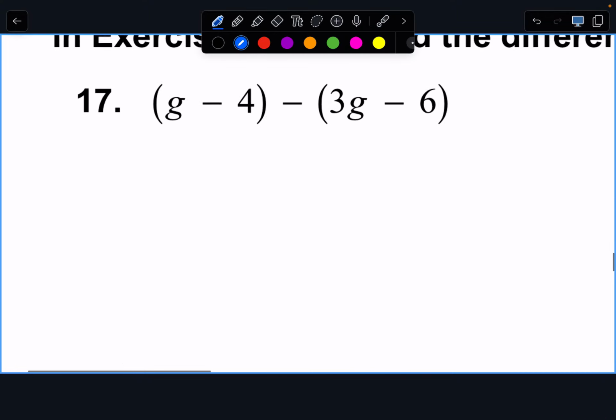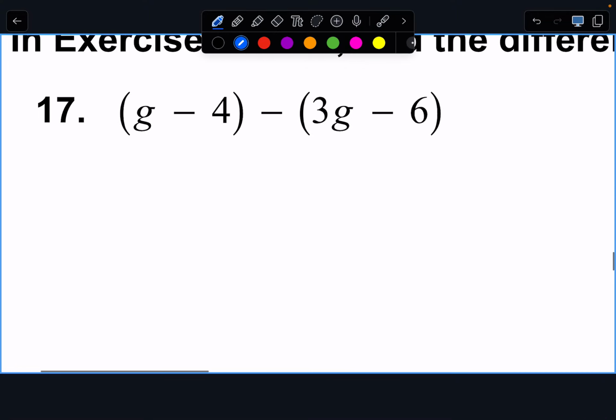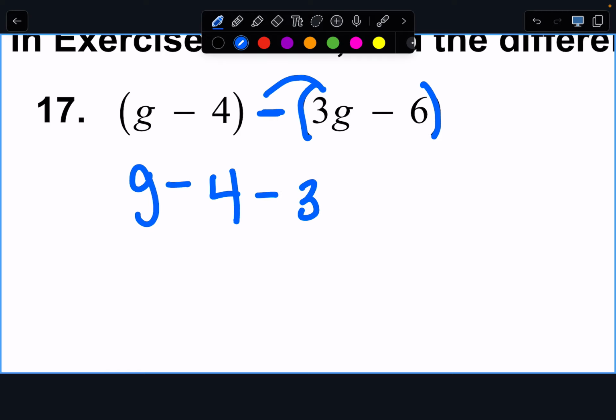Now, I want you to look at number 17. What's our operation? Subtraction. Here the parentheses does matter. For the first one, not so much. We just have g minus 4. But we are subtracting all of the second one. So can everybody watch what I do up here? We are subtracting 3g, and then we are subtracting a negative 6.